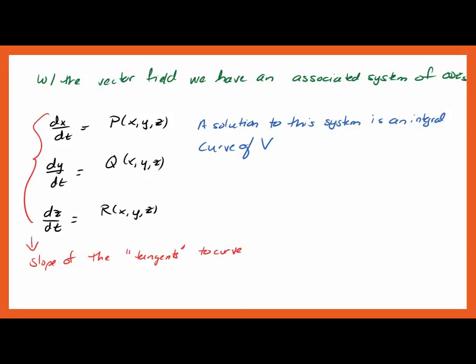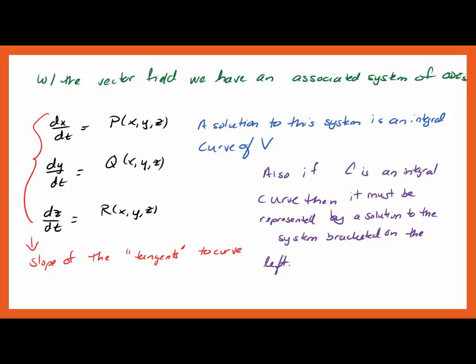And these are all slopes of the tangent to the curve. So when you graph each one of these x, y, z coordinates and take the derivatives, you'll get a tangent to that curve. The reason this is important is that if it's an integral curve, then it must be represented by the system, the solution that I have bracketed on the left.